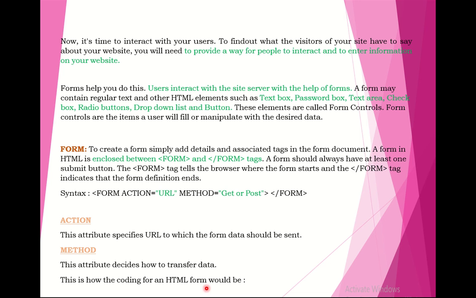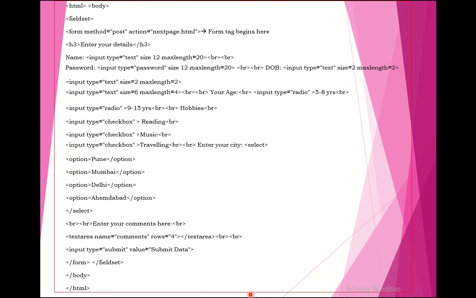This is how the coding for an HTML form would be. We'll see it in the next slide. As we are writing HTML, head, title, we need to write that. Then we start with the body tag. In this, we start with fieldset. First, form. This is the opening form, and I want this method action.